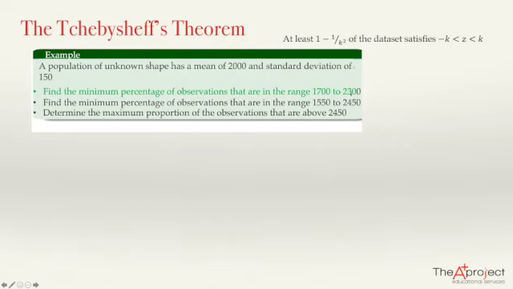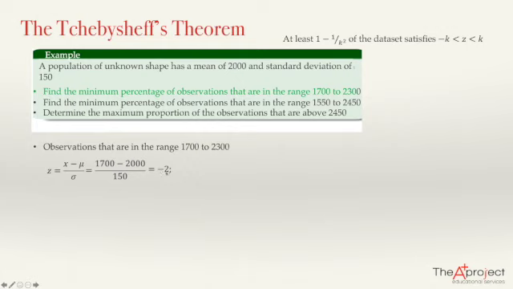So let's find the z-value for 1700 and 2300. If x is 1700, then we have 1700 minus 2000, this is the mean, divided by 150. Just remember the formula for the z-value or z-score. You can use your calculator for that, and I get -2.